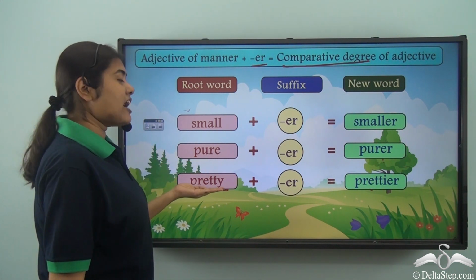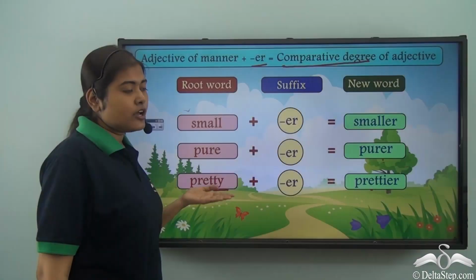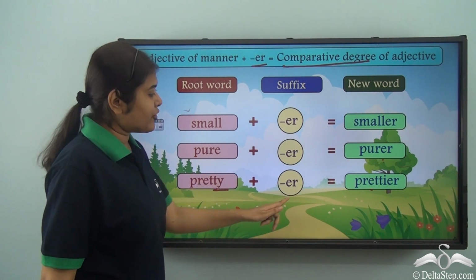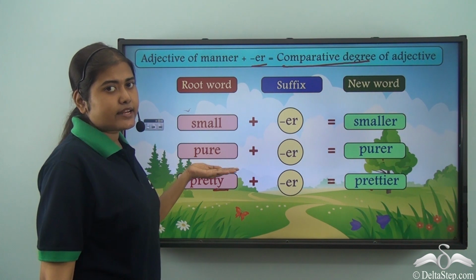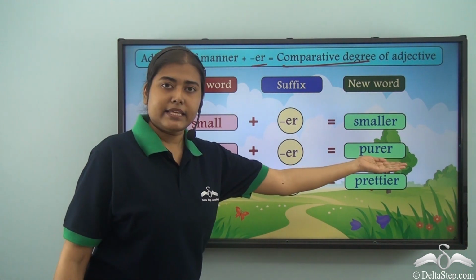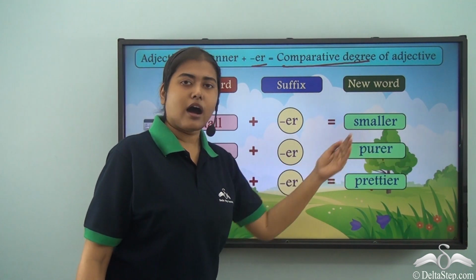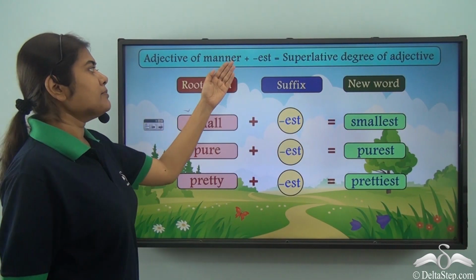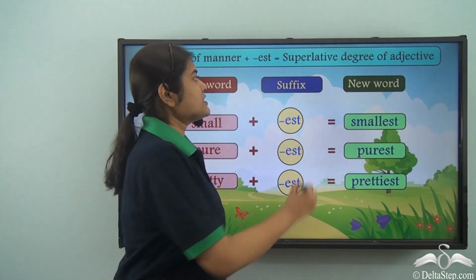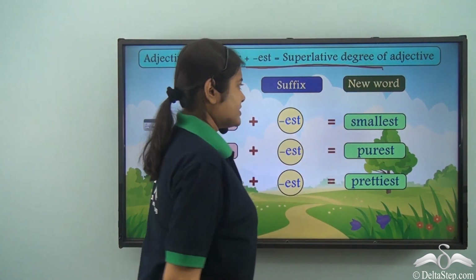Remember, when we have a y at the end of a word, we change it to i before adding er, and if the word already has an e at the end, we do not use double e, we just have one e and r. Adjective of manner plus est gives us the superlative degree of adjective.